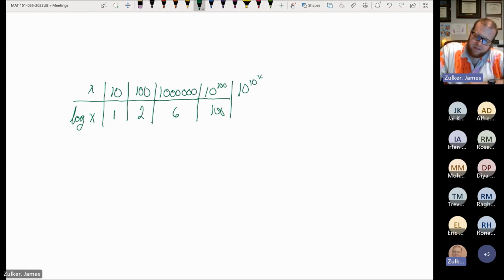What about a googolplex, which is 10 to the googol, so 10 to the 10 to the 100. If you don't have it, you're overthinking the problem. It would be a googol, wouldn't it?